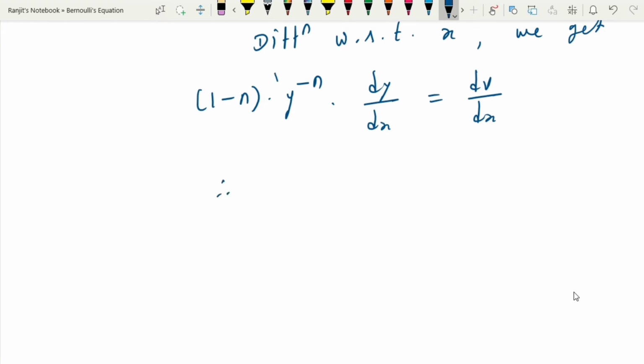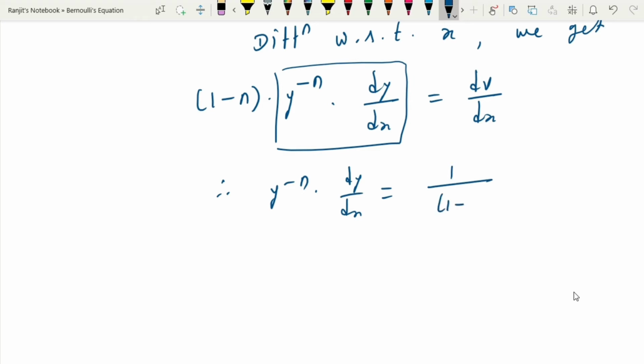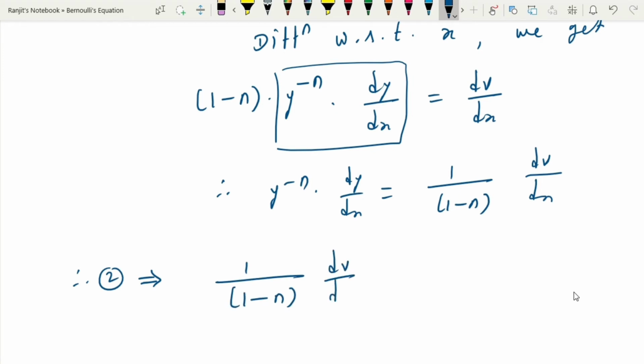Therefore y to the power minus n dy by dx is equal to 1 upon 1 minus n dv by dx, and therefore equation 2 becomes 1 upon 1 minus n dv by dx plus p times v, since y to the power 1 minus n is v, is equal to q.